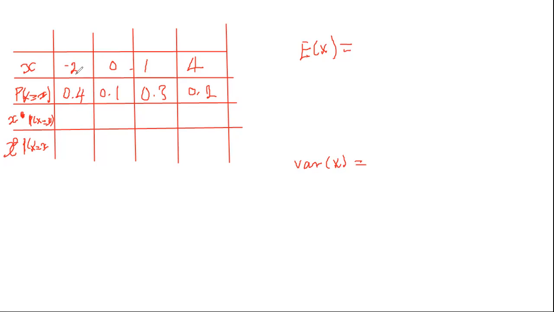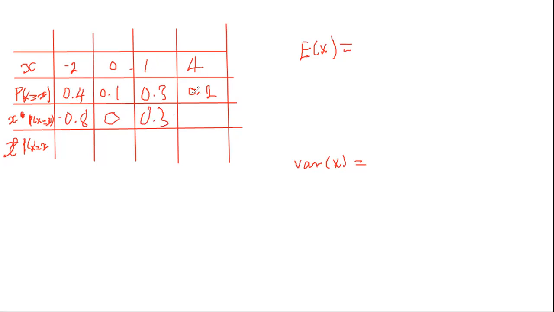So what is -2 times 0.4? -0.8. Then 0 times 0.1 will automatically give us 0. 1 times 0.3 remains the same.